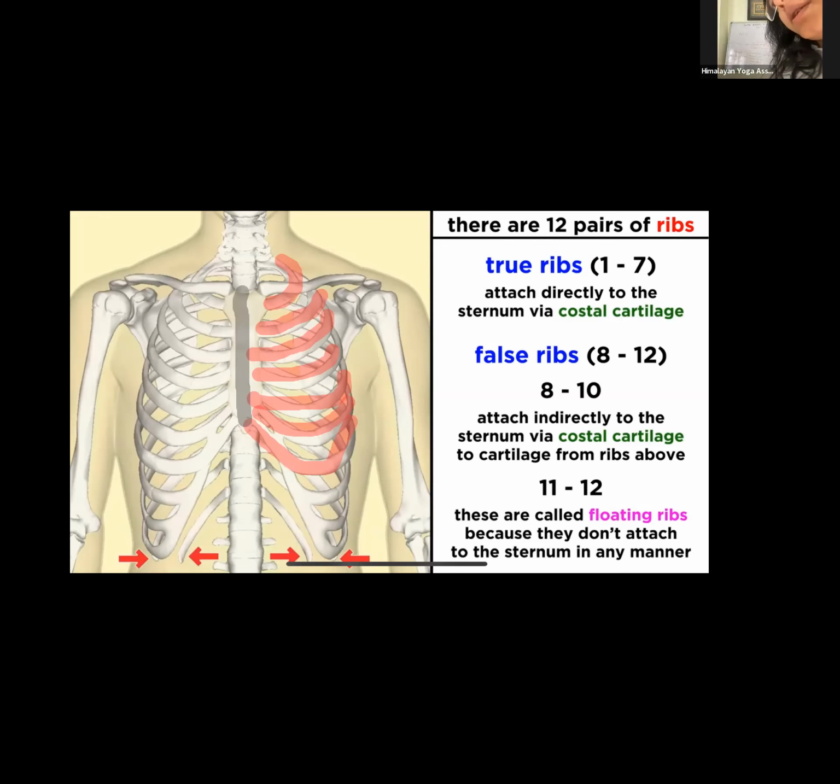Now we see false ribs. These are false ribs. 1, 2, and 3. They are connected. Okay. You can see the color, or should I change it? I think I should change it. I'll take it in green. So 1, 2, and 3. They're connected to this 7th rib here.